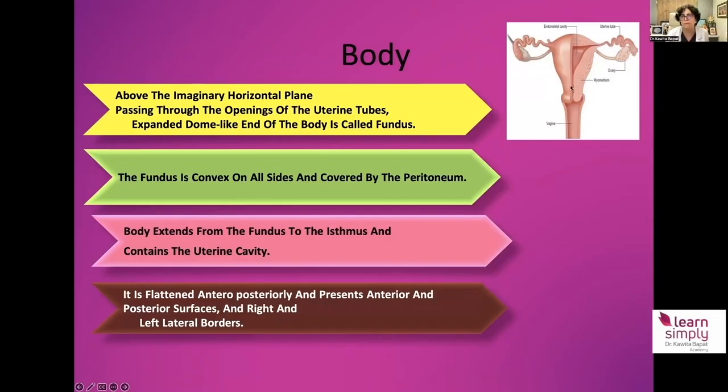It goes from the fundus to the isthmus, up to this level, and extends from the isthmus and contains the uterine cavity. It is flattened anteroposteriorly and presents anterior and posterior surfaces, right and left borders. Very, very important: it is flattened anteroposteriorly, because when we deliver the uterus and take a photograph, we should know the anterior side and posterior side of the uterus.